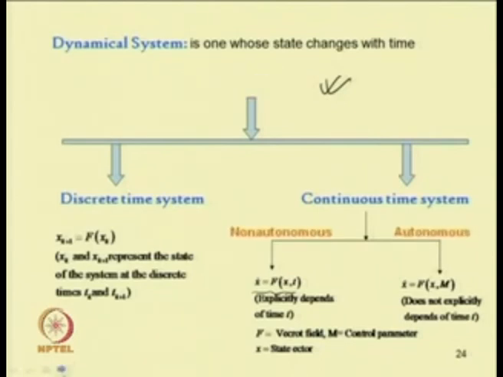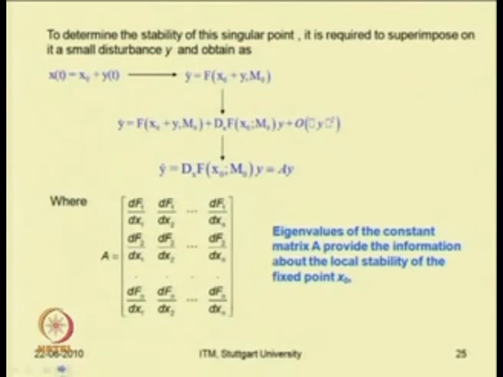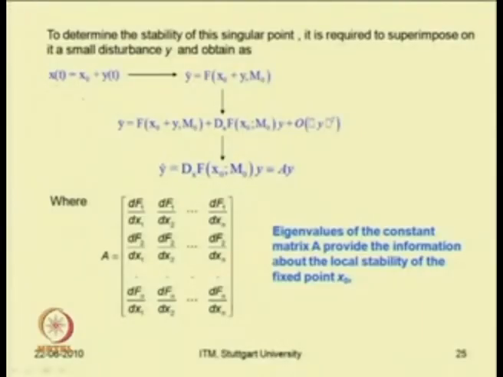Now, to study the stability, initially I told you that we can perturb, or slightly change, the state and check whether the response is growing or bounded. So let x 0 represent, in our equation x dot equal to f(x, m), the steady state or equilibrium response, which we obtain by substituting x dot equal to 0.